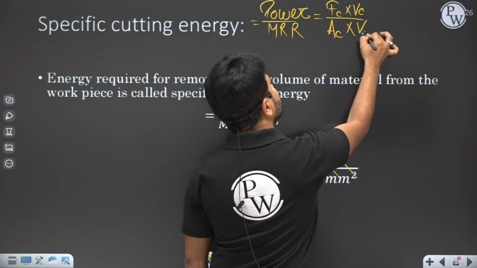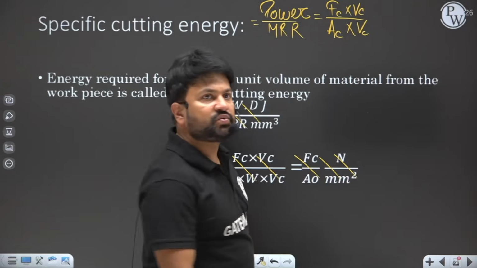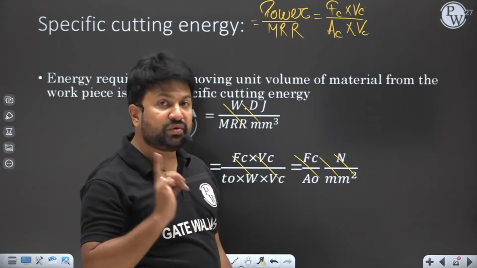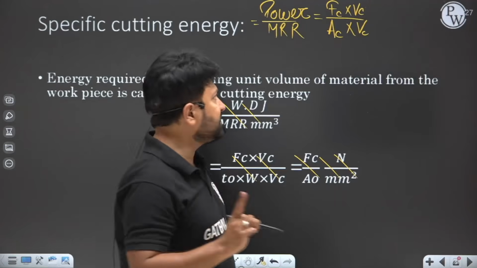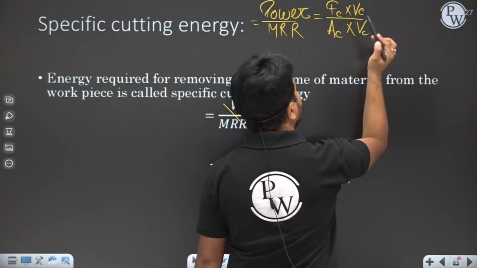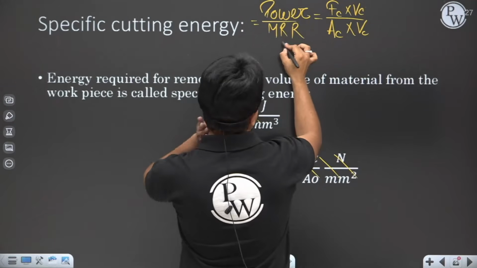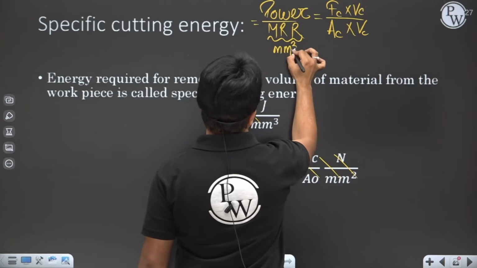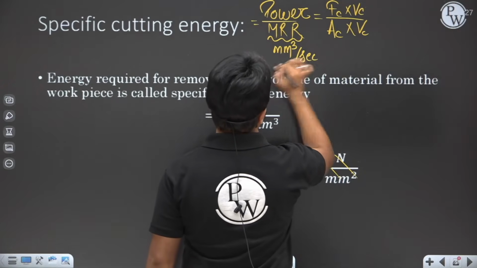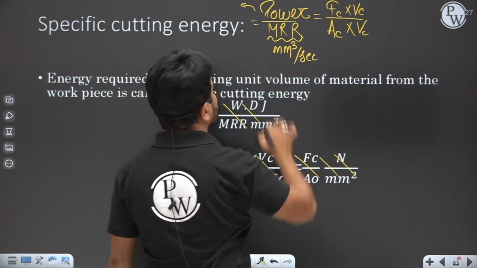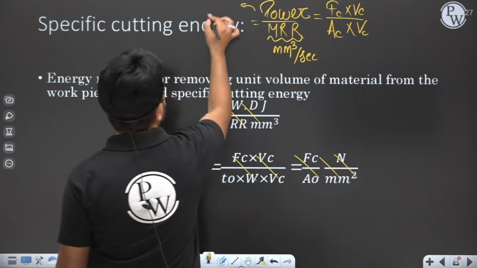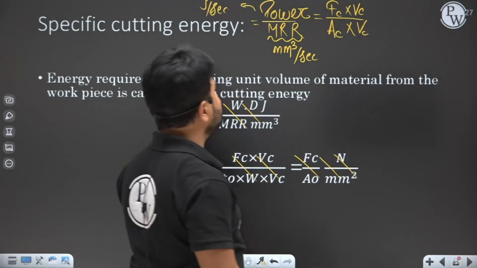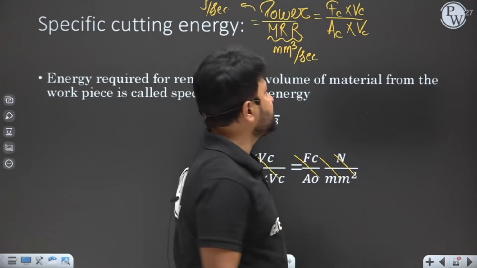Now generally what students do? Generally students cancel that cutting velocity. My dear, unit wise they are different, so please don't cancel directly. Why? Because here MRR is in mm³ per second, and power is in Joule per second, that is Newton meter per second.